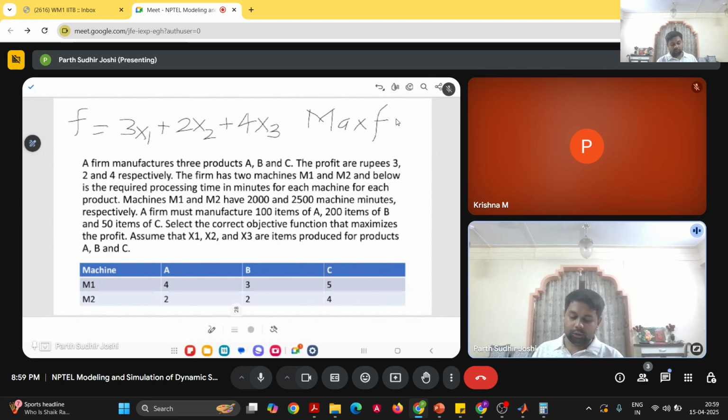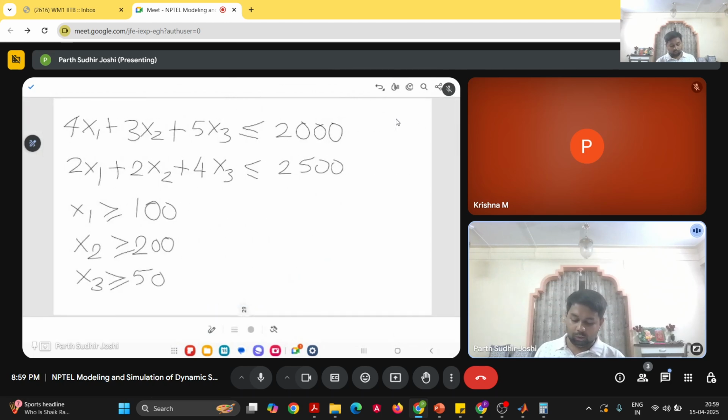So these will be our constraints of the optimization problem.